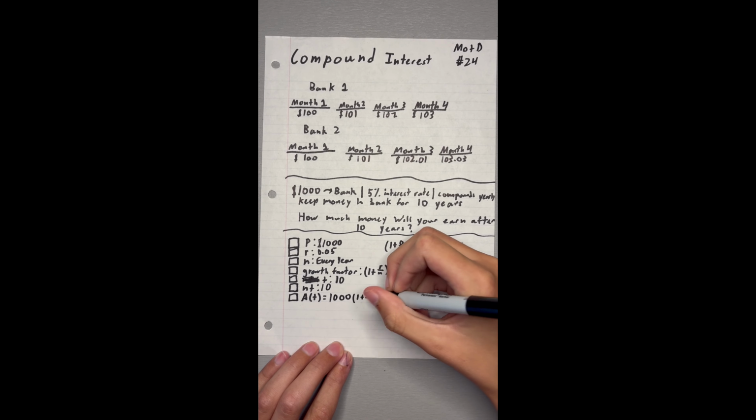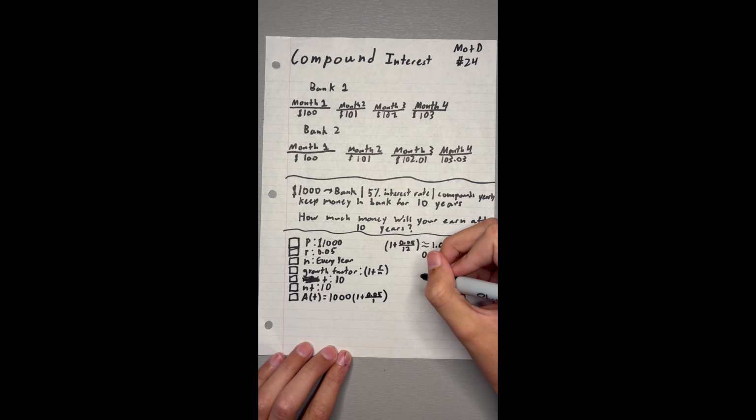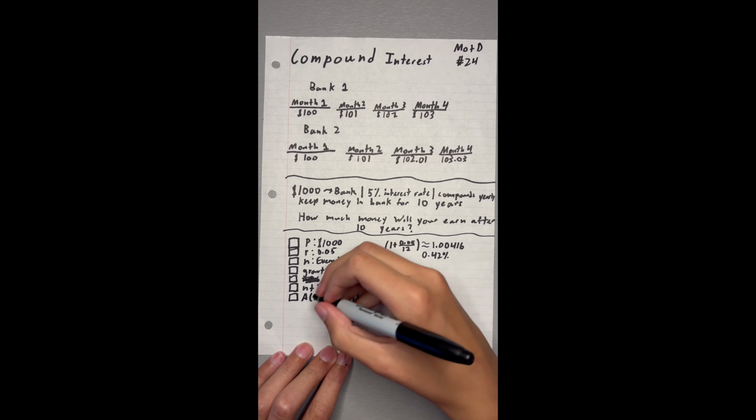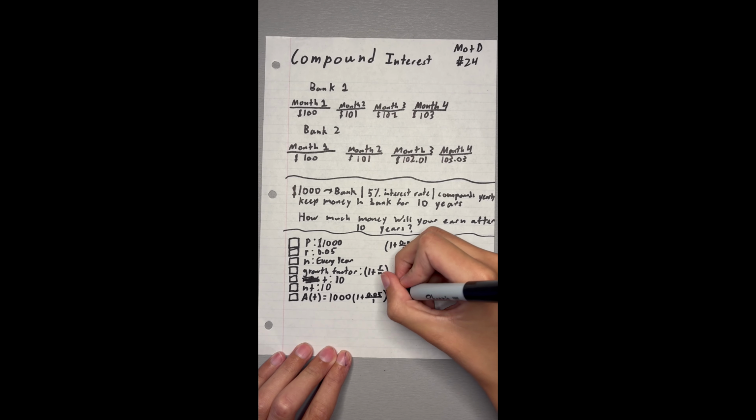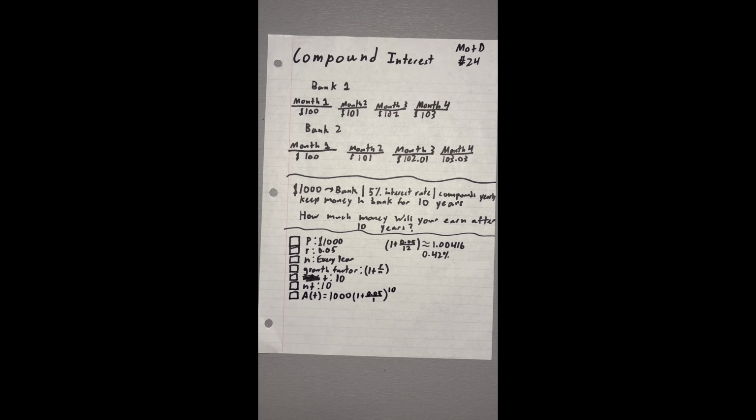We're going back to every year. And we raise this to the NT power, so we're going to raise this to the 10th power. Now we would have A of t, which is our final amount, is equal to 1,000 times the quantity of 1 plus 0.05 over 1 to the 10th power.